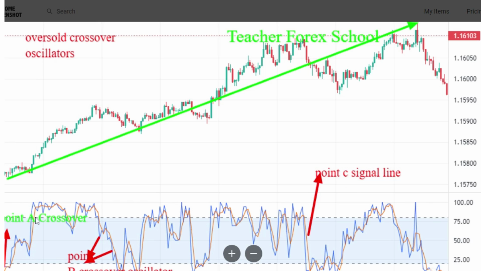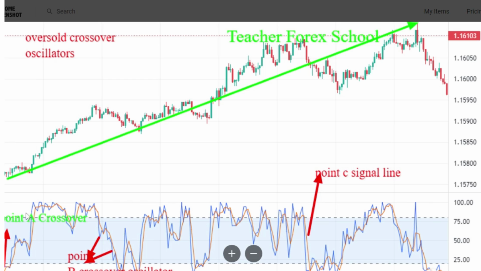Point A is the crossover point. As you can see from point A, the stochastic oscillator has crossed above the signal line at below 20. That is an indication of an oversold condition at point A.